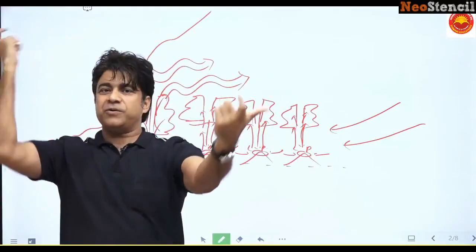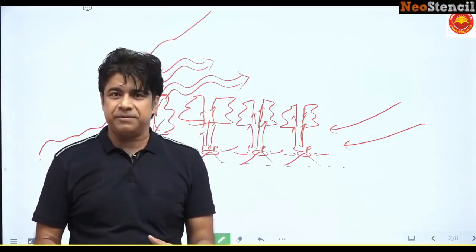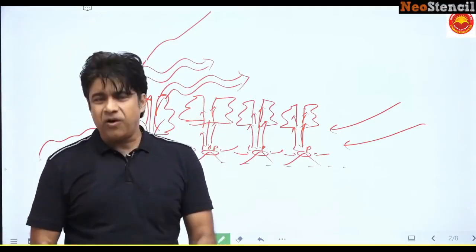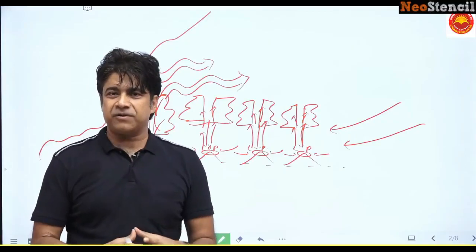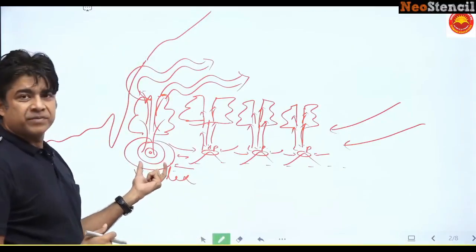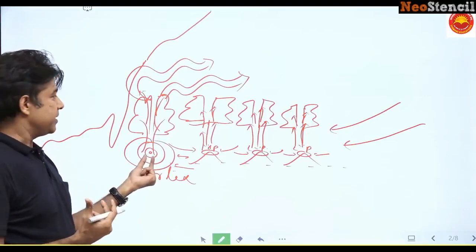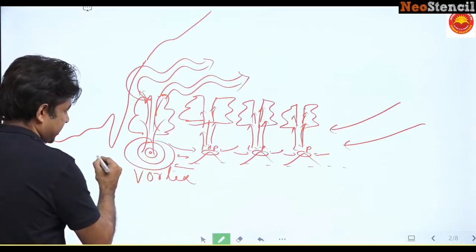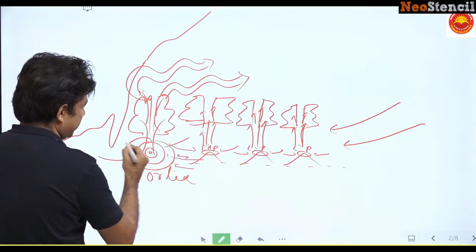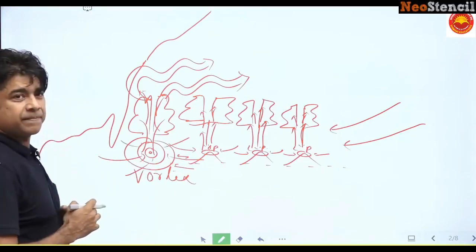Now these two outflows create a massive fall in the pressure at the center of this vortex, and the pressure will further deepen in the vortex. Now as the pressure is deepening, it collects more air, more moisture from the surrounding.